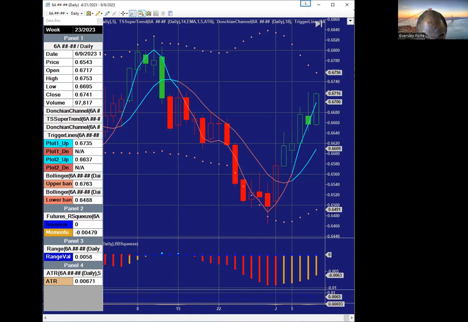How much is that? Okay, $385. What is 385 divided by 968? It better be like 40%. 40%. This is how we get a minimum 40% return at the first profit target.